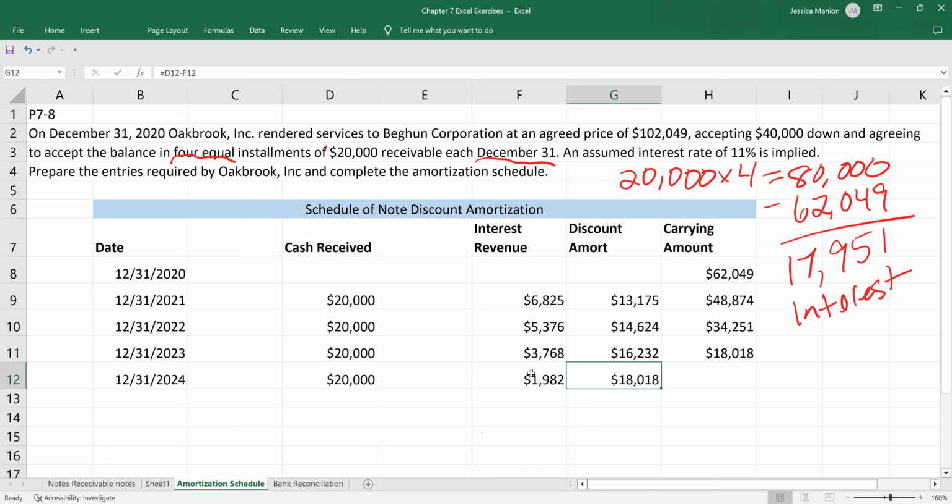So we've got discount amortized 18,018, which is now going to take our carrying value down to 0. We've amortized the entire amount. We've collected all the money, not only their payments that they made on the principal, but also the interest revenue that we claimed.